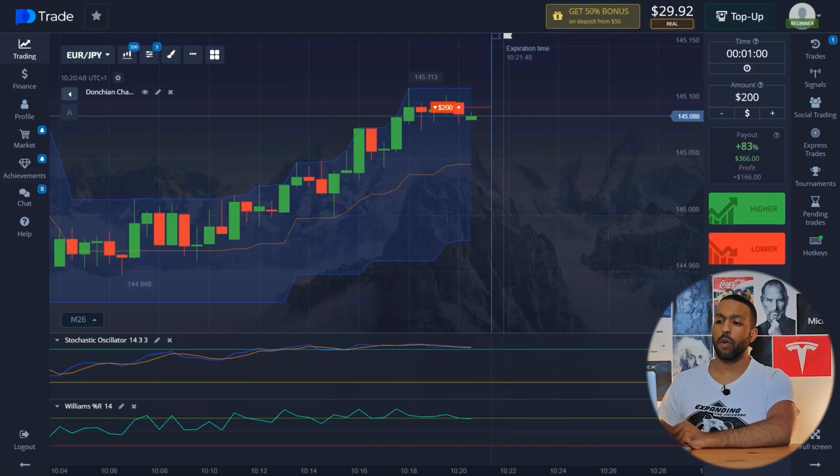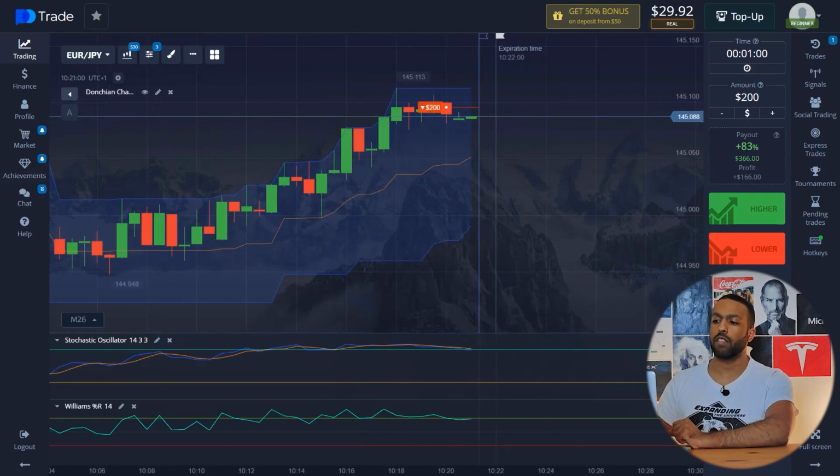So the stochastic and the Williams %R indicator, their lines are in the overbought zone, and the stochastic shows a weak trend towards a possible decline in price. And the Williams line, despite the existing uptrend, is in a horizontal position with a clear downward trend, which is a clear signal of a possible decline in price. And on the chart, you can see that the price is slightly decreasing and our trade is coming to an end.